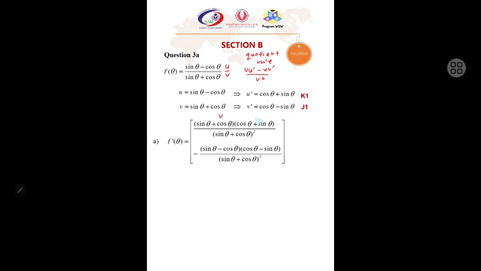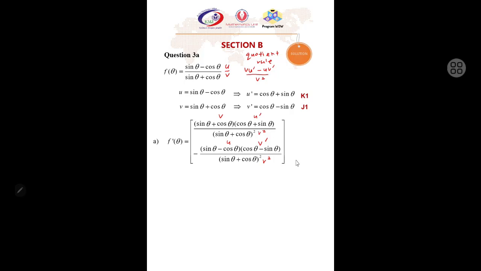You substitute your u prime, v prime into this quotient rule formula. You will get like this. So this is your v, this is your u prime here, minus u v prime, over v square. This is v square.